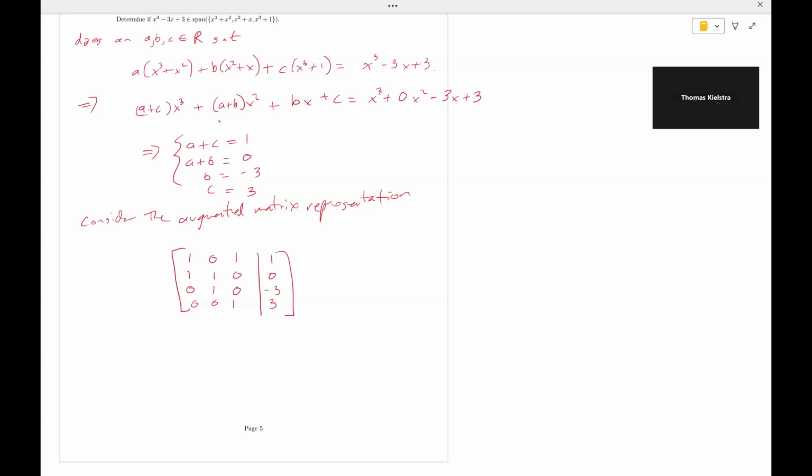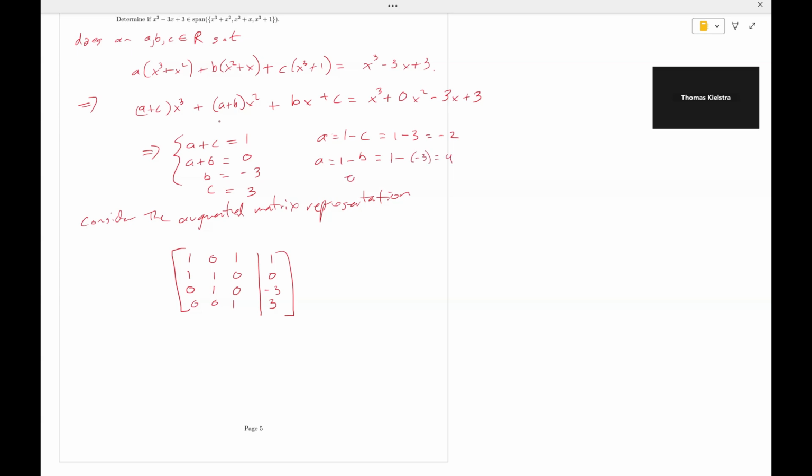And you could be super diligent to determine how we can solve this. You could do your row operations, or you could see that B is defined here and C is defined here. So A equals 1 minus C, which equals 1 minus 3, which equals minus 2. And A equals 1 minus B, which equals 1 minus minus 3, which equals 4.